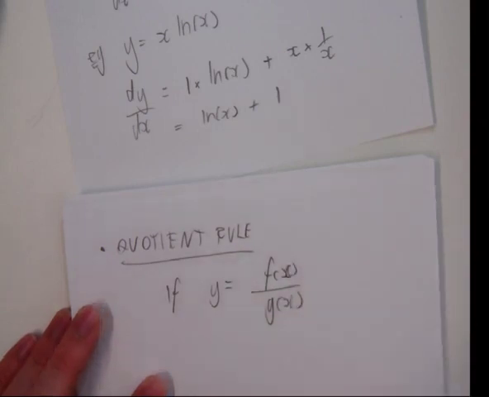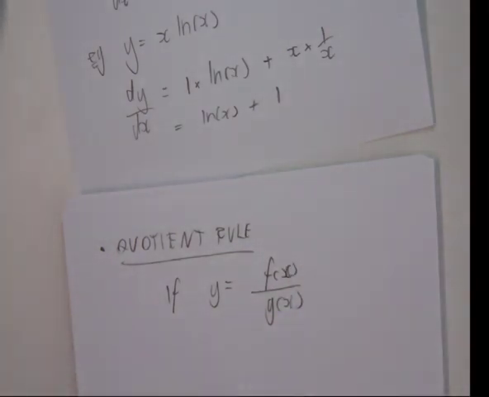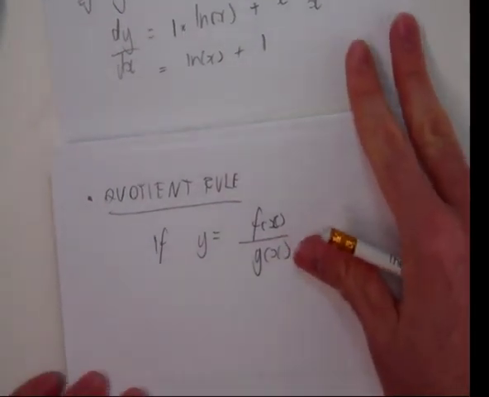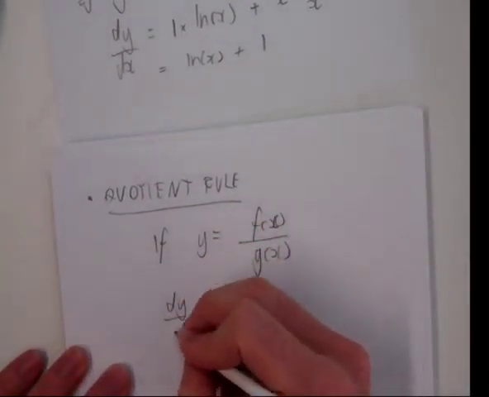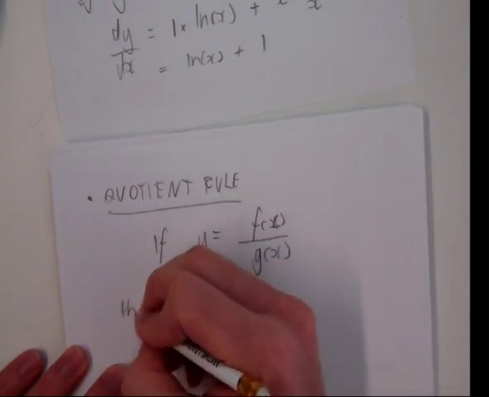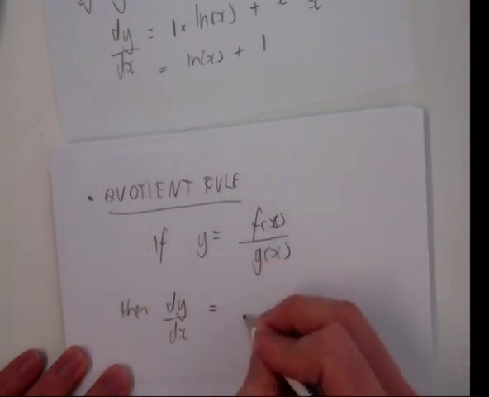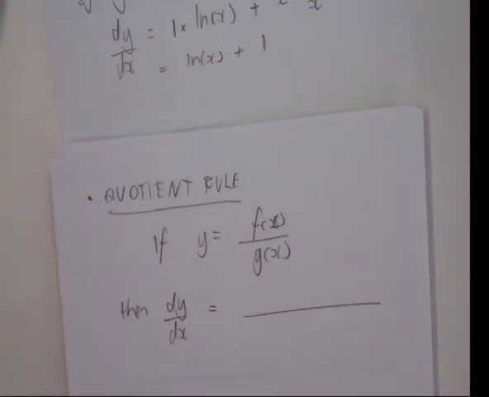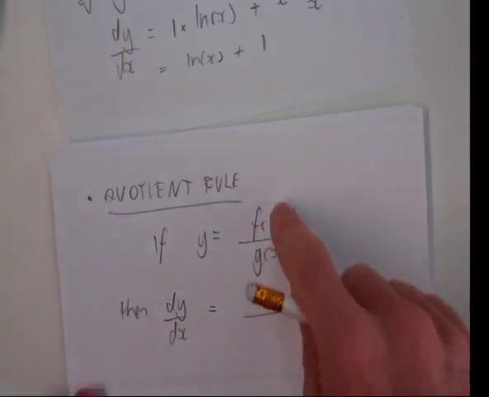Now you may have seen these as a p and a q or a u and a v in the formulas that you're used to. Then dy on dx, so I remember it in this order. It's similar to the product rule, but it's got a minus, and you always start with the derivative of the first one, the top one.